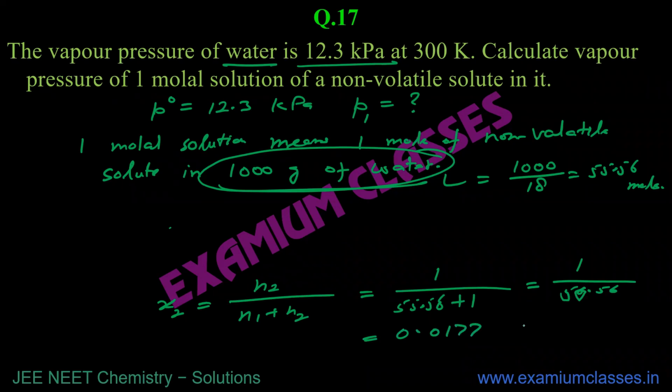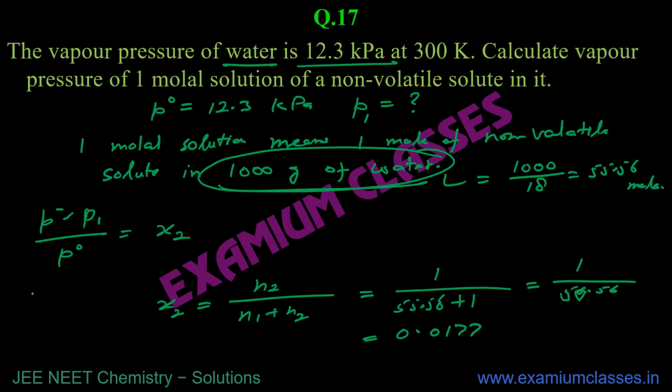You do not even need to calculate it separately, because you can substitute it in the formula. And the formula is very simple. The formula is (P naught minus P1) divided by P naught equals N2 by N1, which I have written as X2 because I have not done the approximation. So substitute these values.